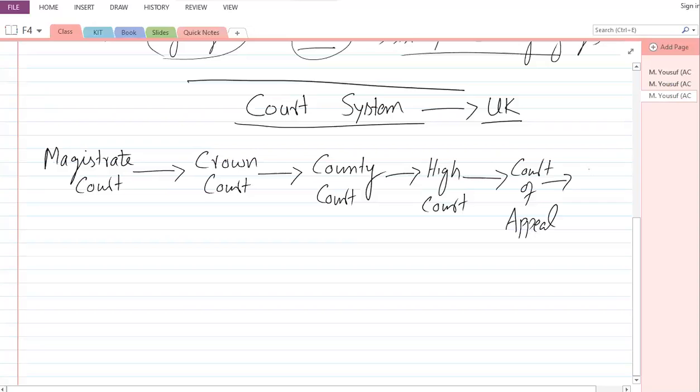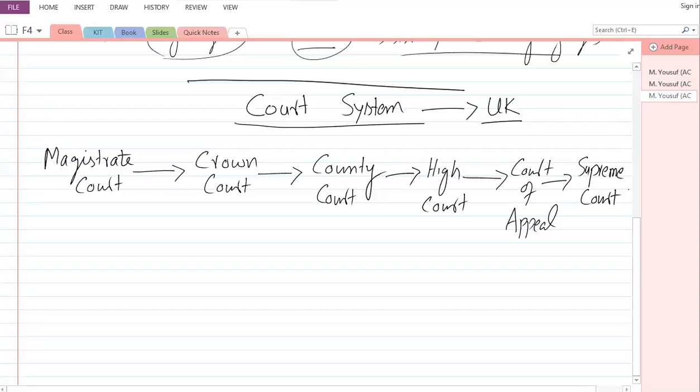And finally, the most important and highest level court, that is Supreme Court of UK. So this is the hierarchy.